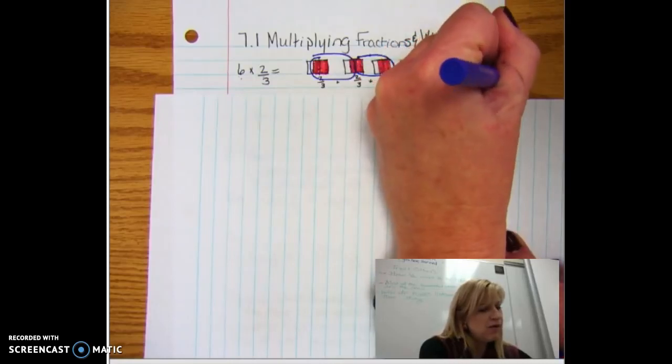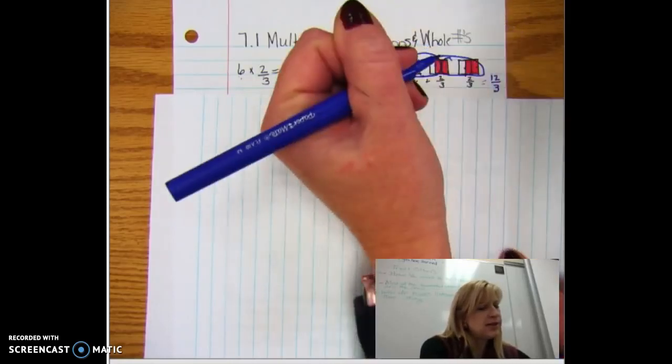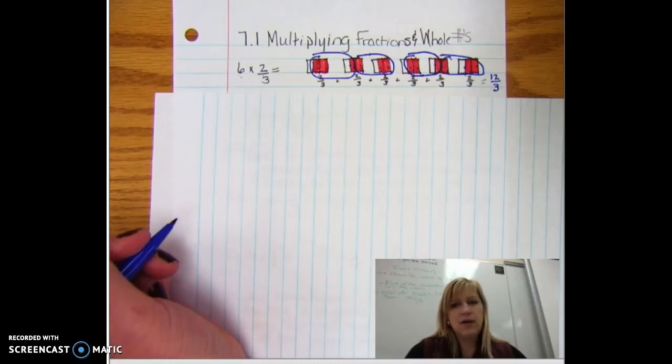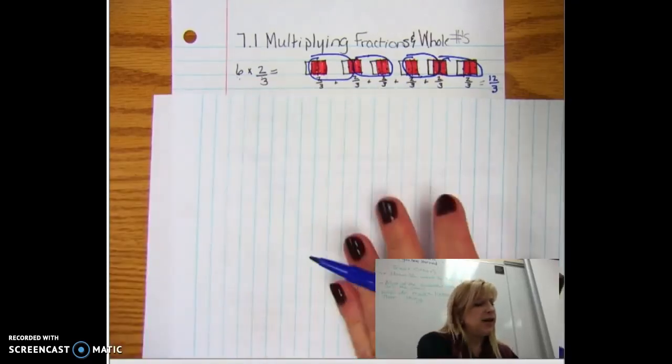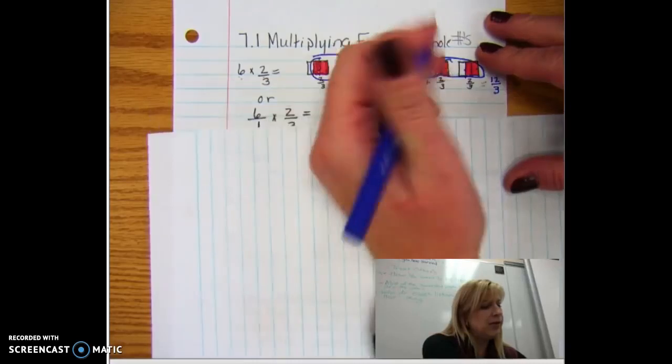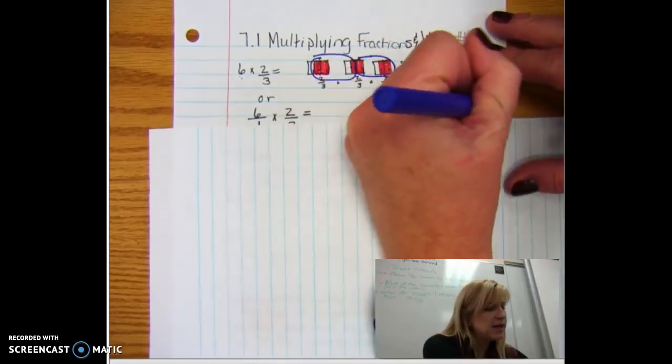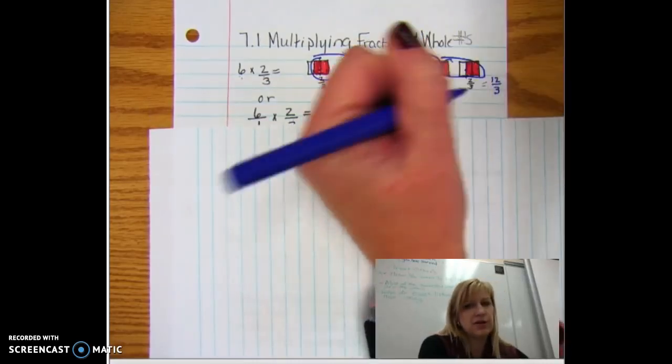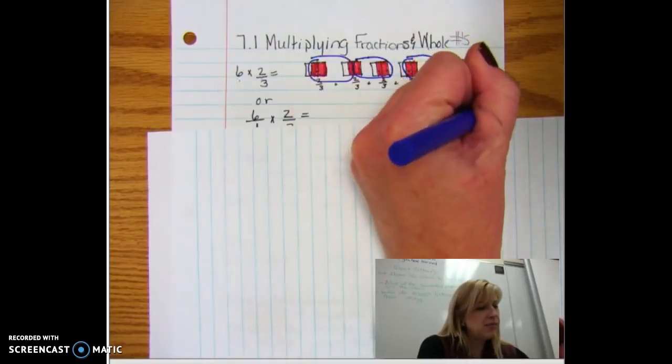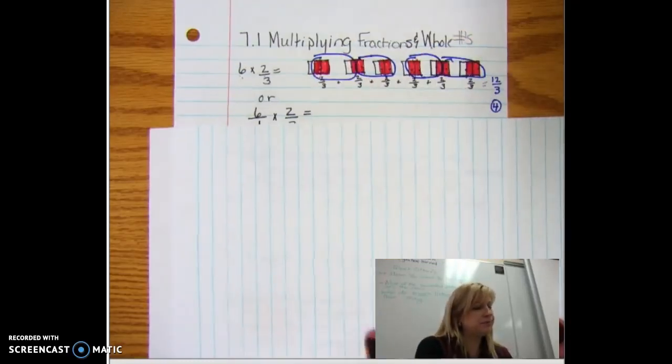You have 12 thirds represented here, and I put the ring around them to show that, you already know that 12 thirds is going to be equal to a total of 4.